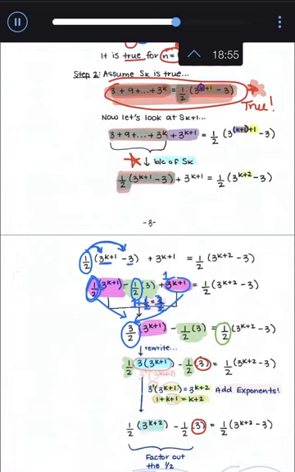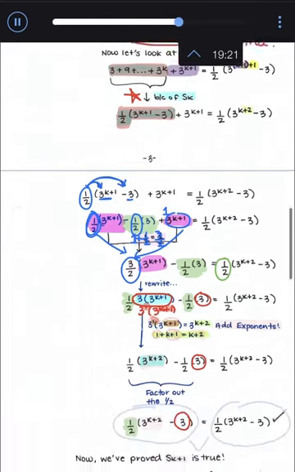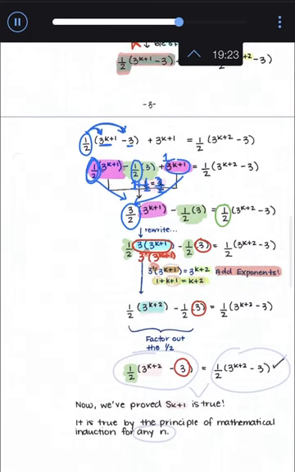The problem is what happens here. You've got a 3, that's a 3 to the first power, and a 3 to the k plus 1. Those have the same base. Notice they both have a base of 3. So if you have the same base and you're multiplying, what can you do to the exponents? You add the exponents.